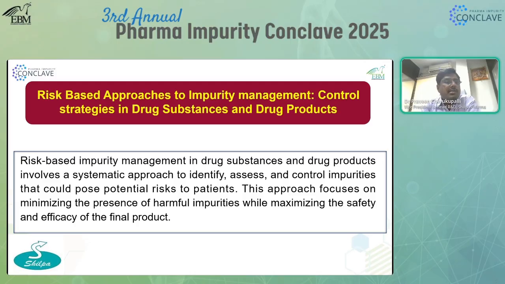This approach focuses on minimizing the presence of harmful impurities while maximizing the safety and efficacy of the final product. For having controls on impurities in drug substances or drug products, risk-based impurity management is very critical.